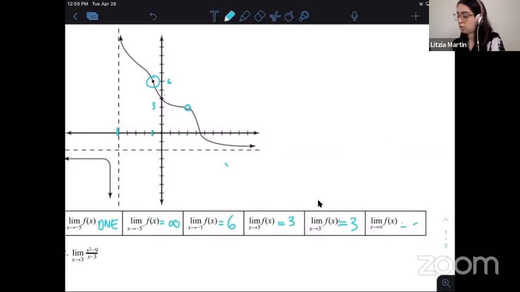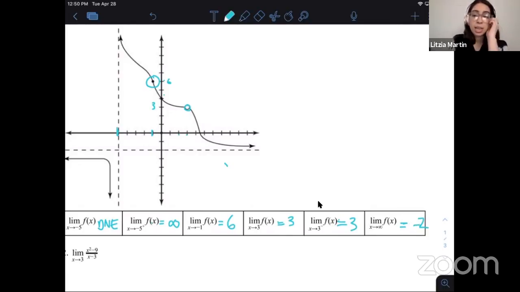So that means our limit as x approaches infinity is -2. Remember, anytime we're finding limits approaching infinity or negative infinity, that's finding horizontal asymptotes. So all we had to do was look to see there's a horizontal asymptote.